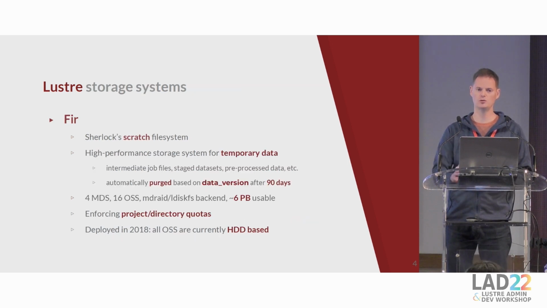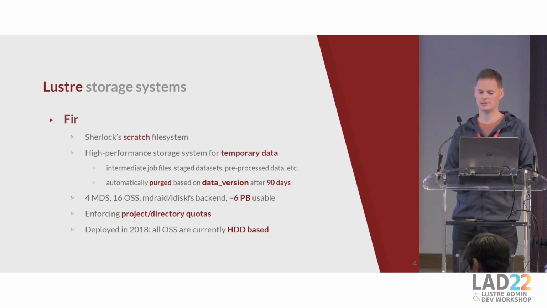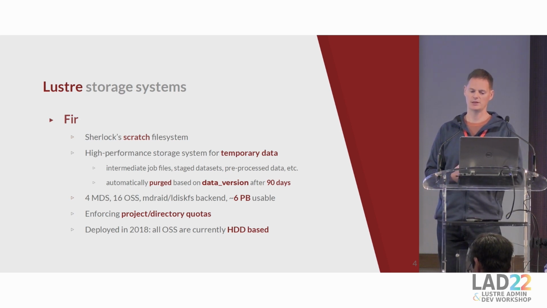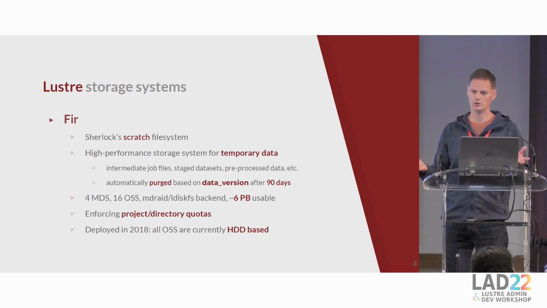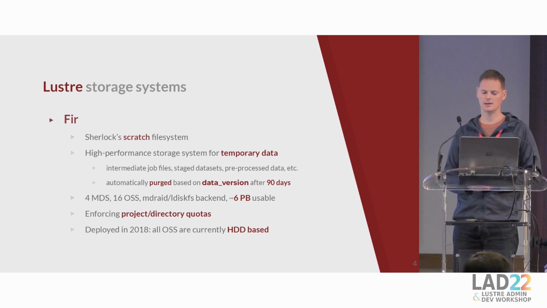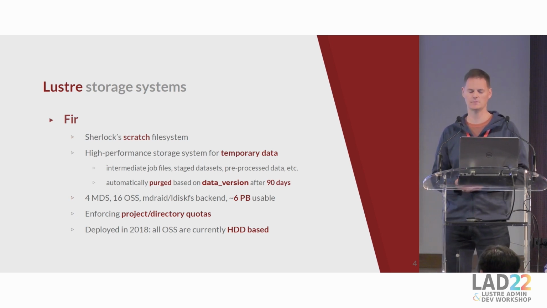And then we have two major Lustre storage systems. Fir, which is Sherlock's scratch file system. It's home built. We designed it. It's a high-performance storage system for temporary data. So you all know what scratch is. We purge after 90 days based on the data version.